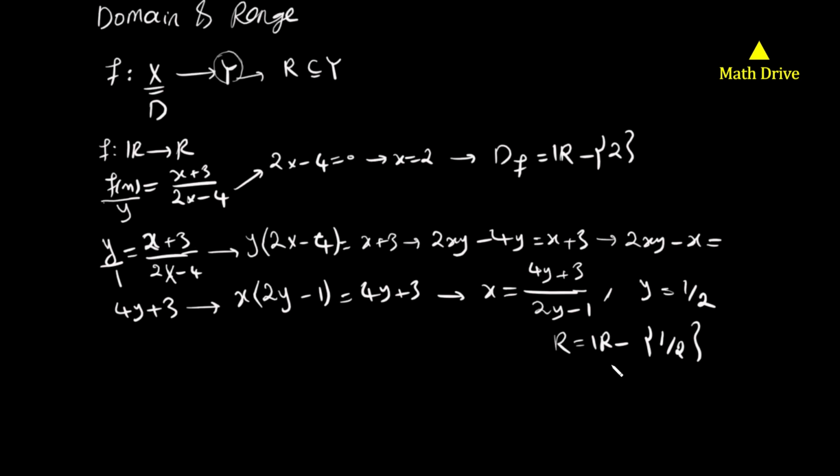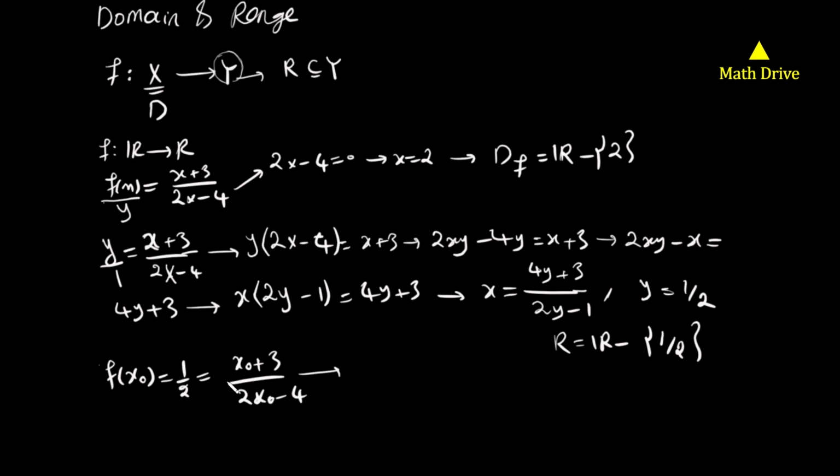Now let's take a look at the function again. Basically here we say the range of this function, so the output of this function, is all the numbers minus 1/2. Let's find the x for which y is equal to 1/2. Suppose that there is an x0 that exists, for which f(x0) is equal to 1/2, meaning (x0 + 3) over (2x0 - 4).